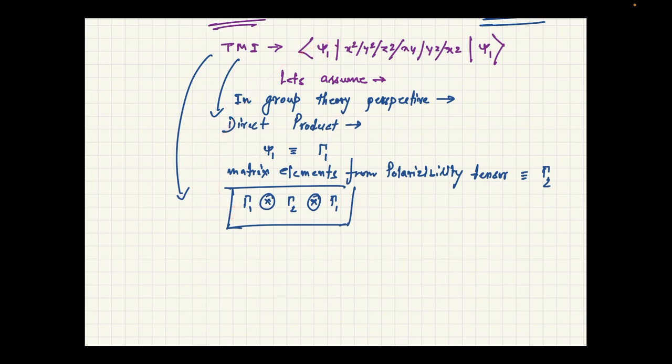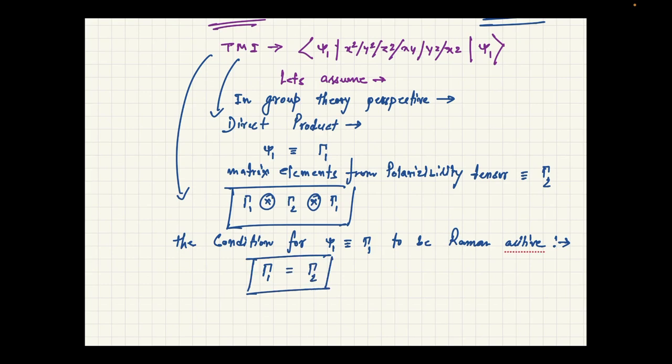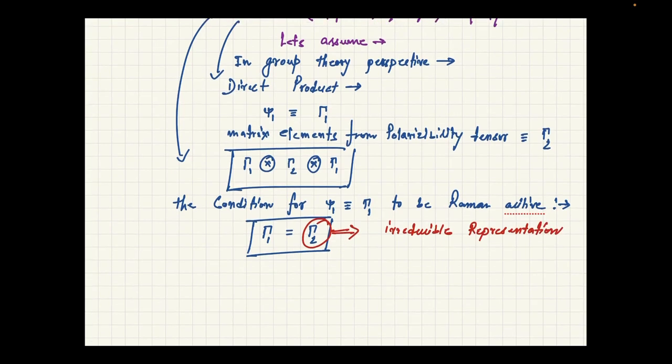So the condition for psi 1, or equivalently gamma 1, to be Raman active is that gamma 1 has to be equal to gamma 2, where gamma 2 is the irreducible representation for any matrix element from the polarizability tensor.